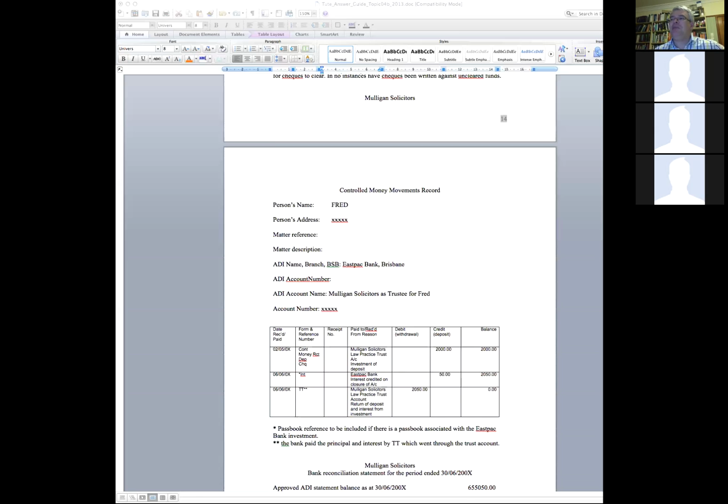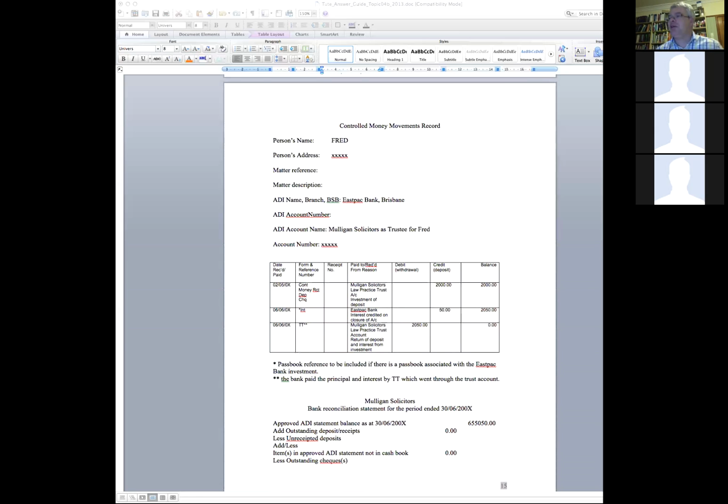The controlled money movements record, this is the thing that actually records the movement of the money. Now, the example you were asked to prepare wasn't in relation to the $600,000, it was actually in relation to the other client. But the controlled money movements record just shows you where money has gone out, such as in this case an investment of a deposit, interest which is credited back, so there was $50 coming back, and then the payment of it out of the controlled money movements record, so there's nothing left.